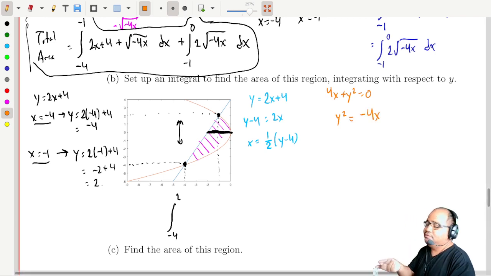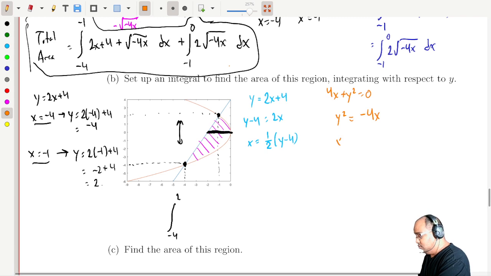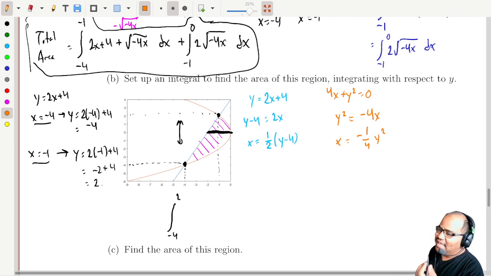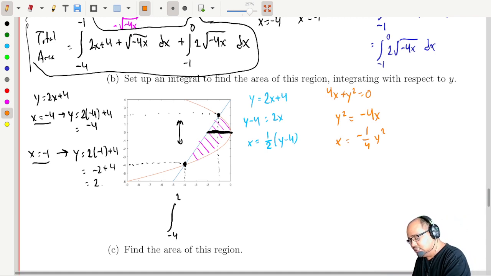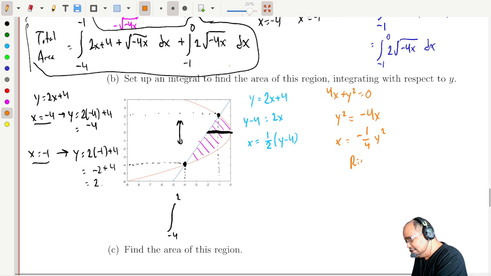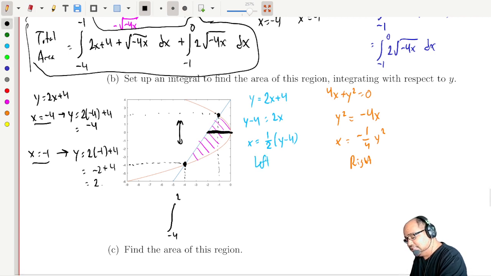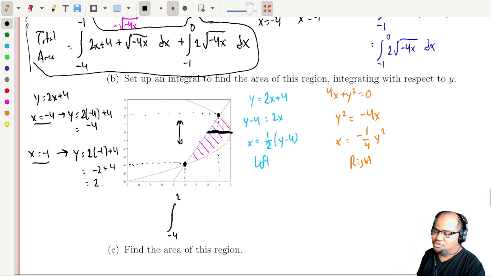Now I can divide both sides by -4. So we'll get x equals, I'll write it like this, -1/4 y squared. And that is our boundary curve for the parabola in orange expressed as a function of y. And now all I need to do is right minus left. This is kind of nice how I wrote this here, and it's only done in one integral.